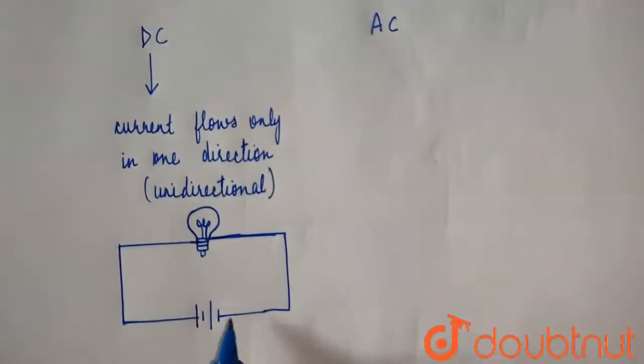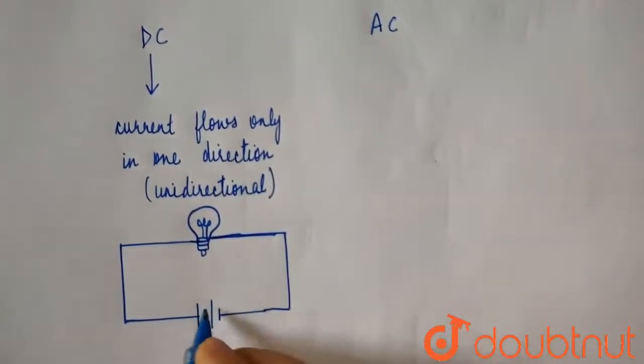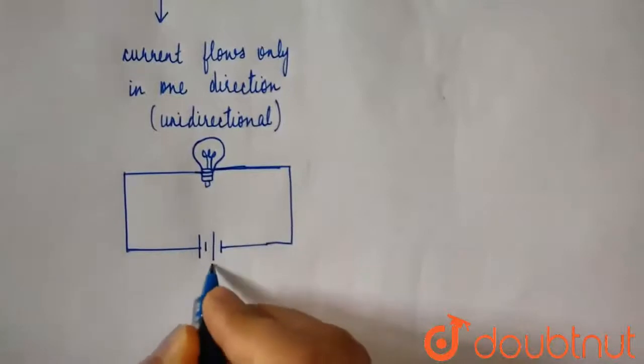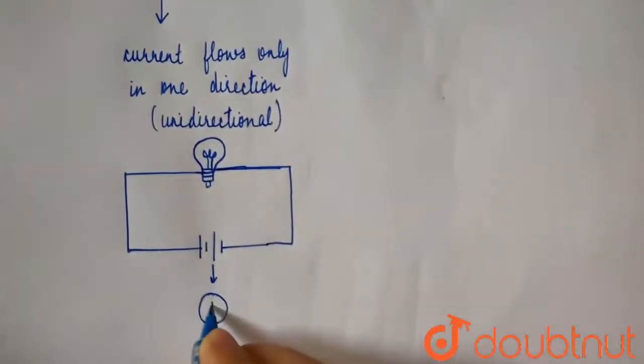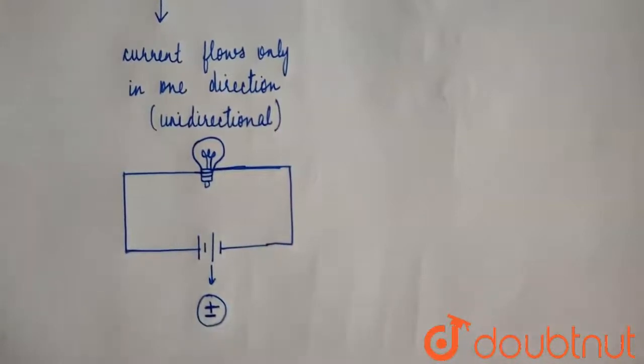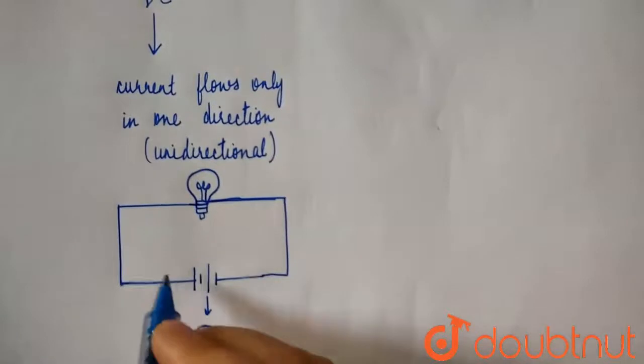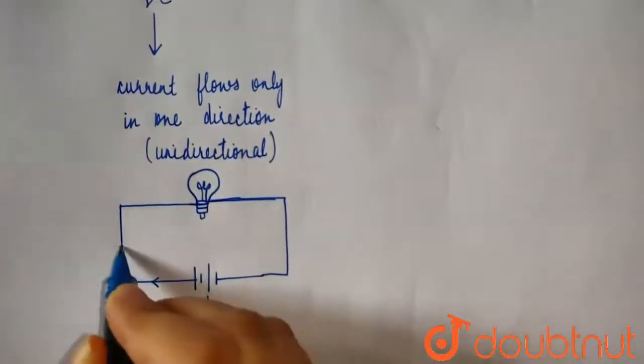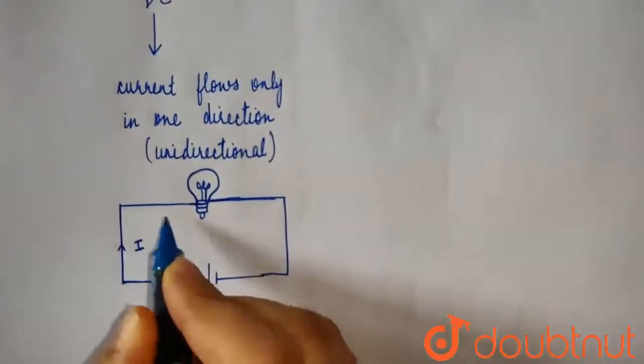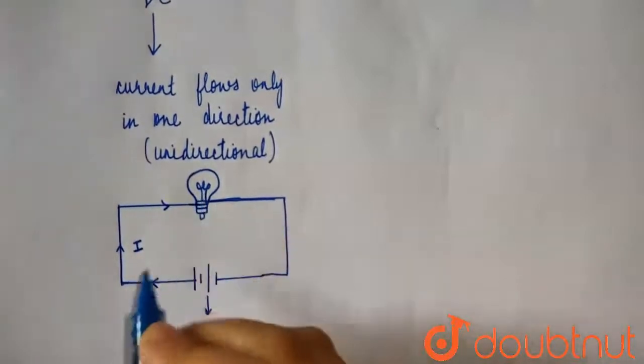This is our DC supply, and we can also represent it like this: positive and negative. DC simply means positive and negative, and batteries are always DC. So when the current I flows through this circuit, this bulb will glow.